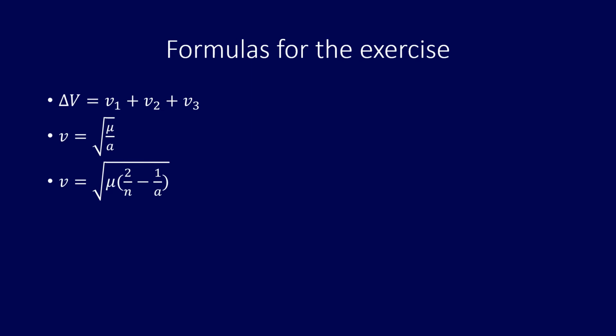So we can use velocity equals the square root of mu divided by a. From here we can find the semi-major axis, that will be mu divided by v squared. So at the end you have to get 4.4 times 10 to the power 7 meters above the center of Earth.